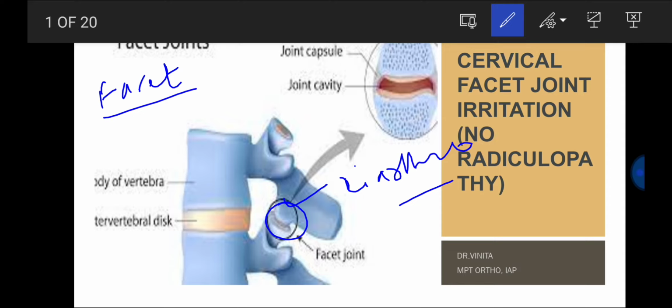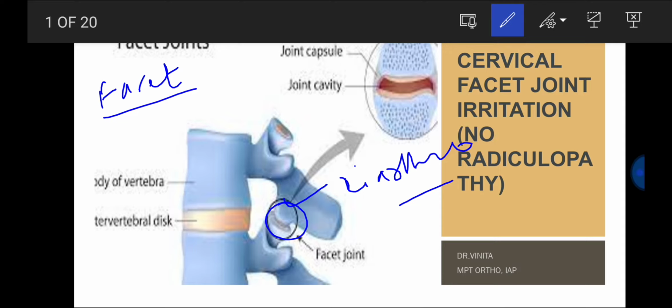So these are some facts about the facet joint. The facet joints are the zygapophyseal joints, a complicated biomechanical structure in the spine with complex anatomy and mechanical performance. They are located on the posterolateral aspect.